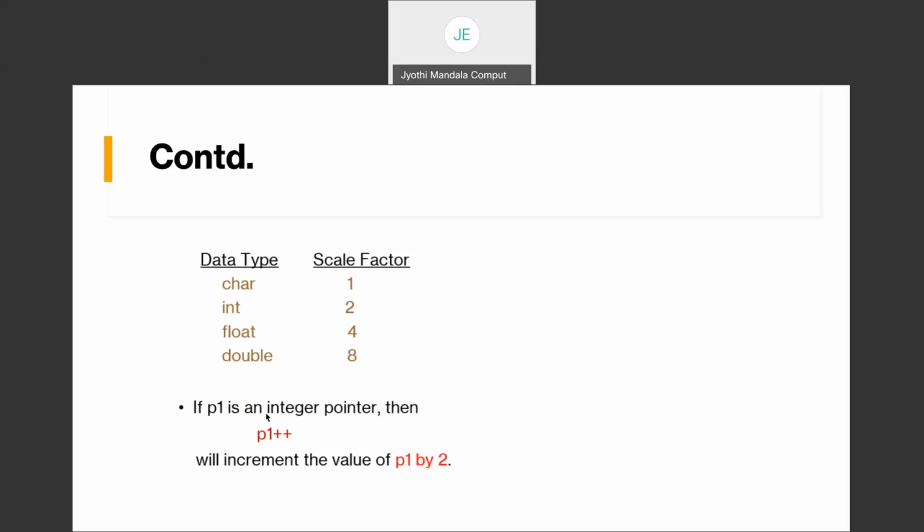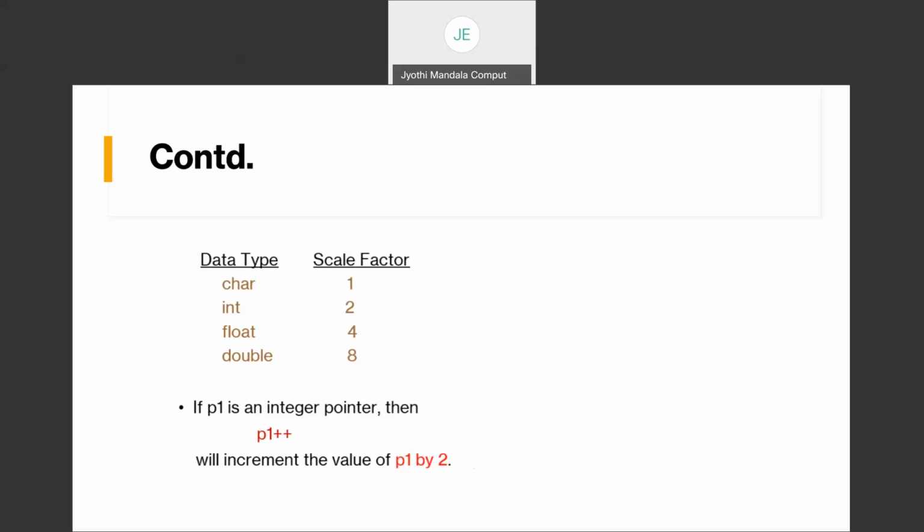Suppose it is pointing to a character data type, then P1 will be incremented by 1. If P1 is pointing to a float data type, then it will be incremented by 4. Got it? If P1 is pointing to a double, then the scale factor is 8, so P1 will be incremented by 8. That is what you need to understand.